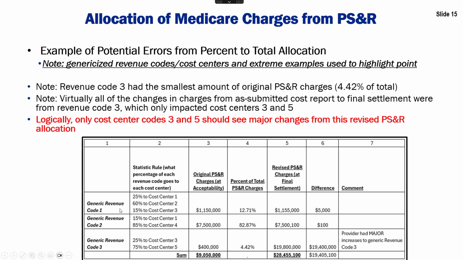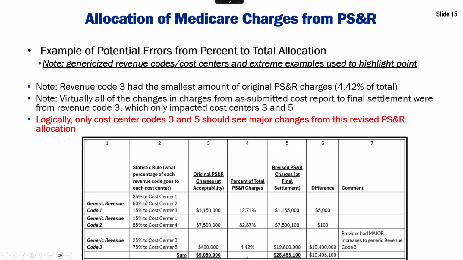Now, what we see right here, again, a provider can submit their crosswalk in any manner. This is just a screenshot of a few things to define this. For revenue code 1 from the PSNR, the provider decided that 25% of that should go to cost center 1, 60% to cost center 2, and 15% to cost center 3.